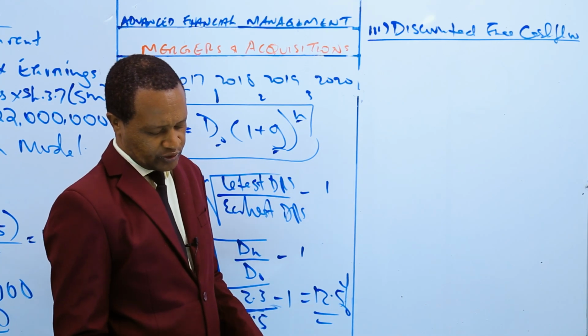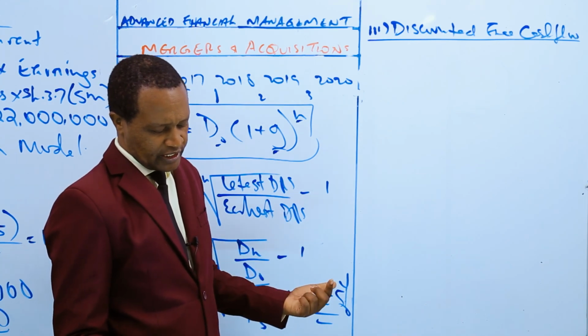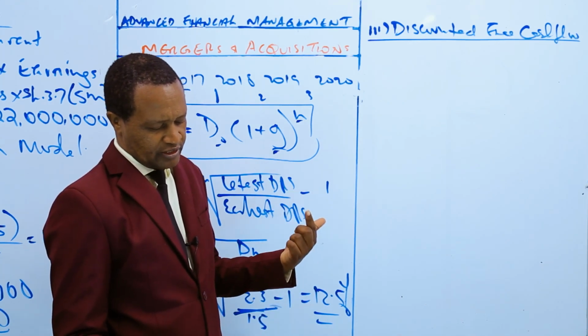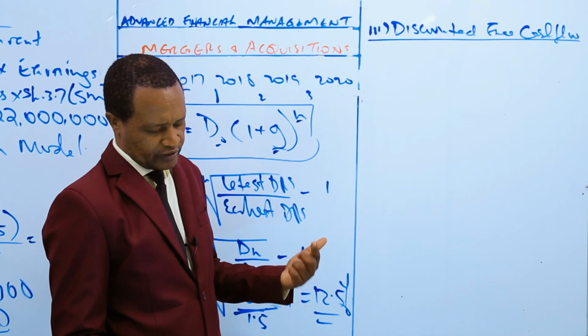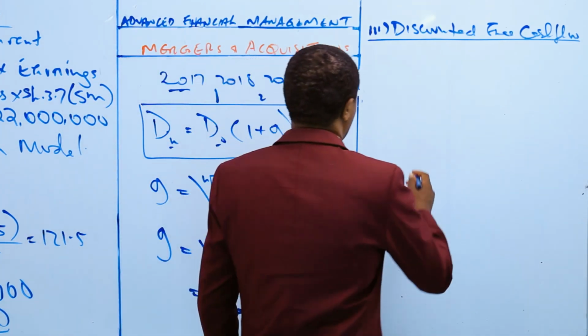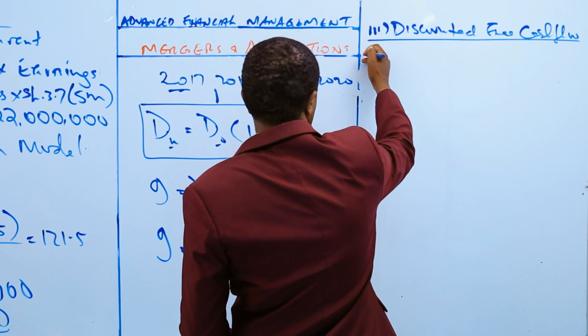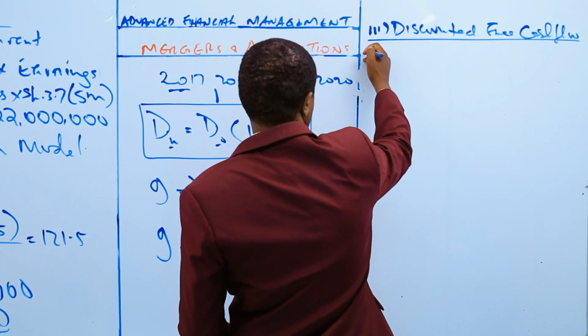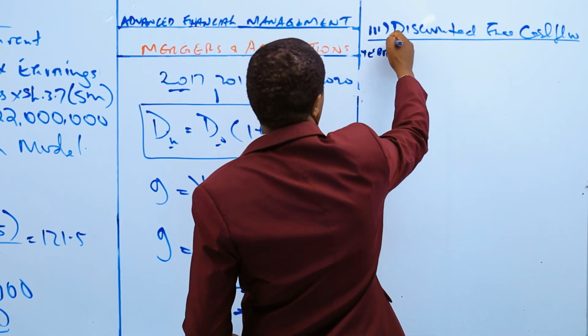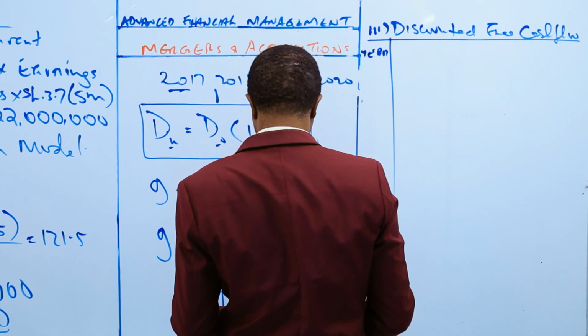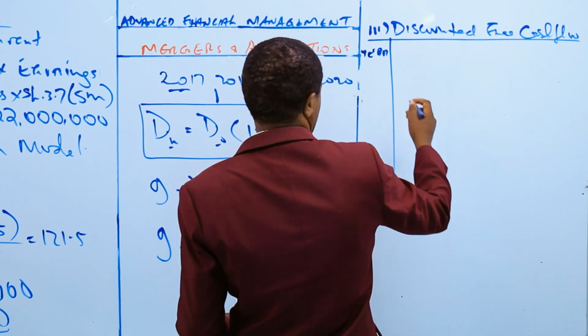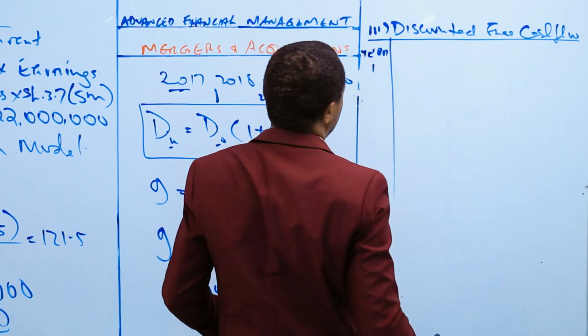We'll calculate the future cash flows, then we discount these future free cash flows. So we'll have a table. Column 1 is the year, these are 4 years, so we have year 1.